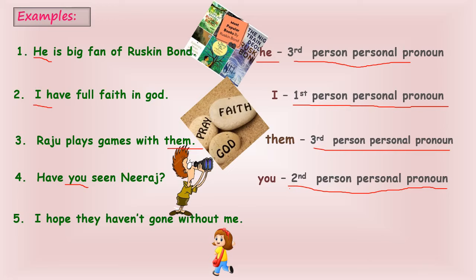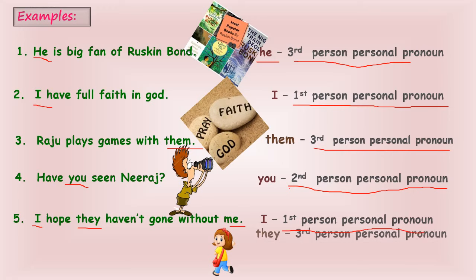So what are the different pronouns used here? I, they, and me. Now I is a first person personal pronoun. They is a third person pronoun. And me is a first person personal pronoun. This is clear to you, children?